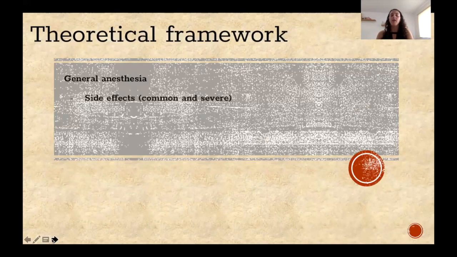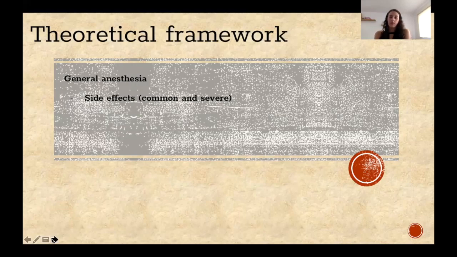So my theoretical framework was divided in two main sections. That was the introduction that says that general anesthesia is a drug with many components used to make patients go into a surgical procedure, and it is the way that we use.